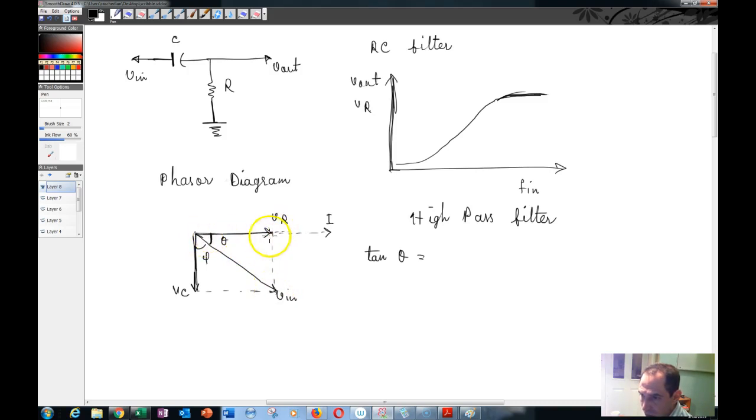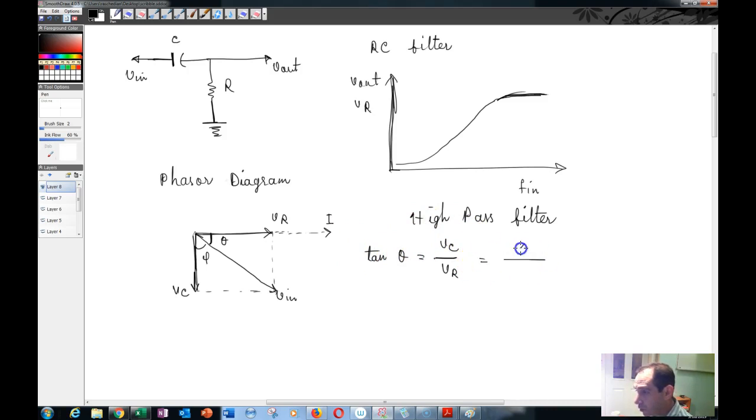So opposite is this length over here, which is the same thing as V of C, and adjacent is V of R. There are two more useful relationships here.